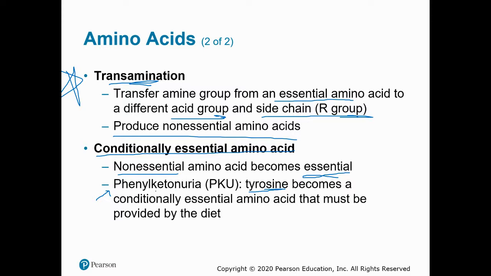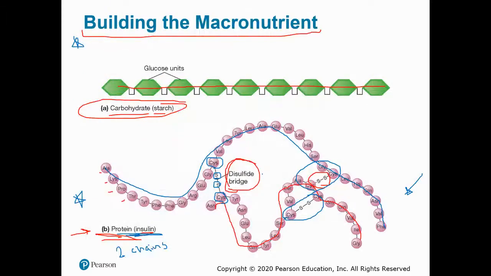So in this case of phenylketonuria, there's a genetic issue in how that person's body makes phenylalanine. And so generally they're not making the amino acid phenylalanine very well. And so tyrosine becomes essential so that it can help in place of phenylalanine.